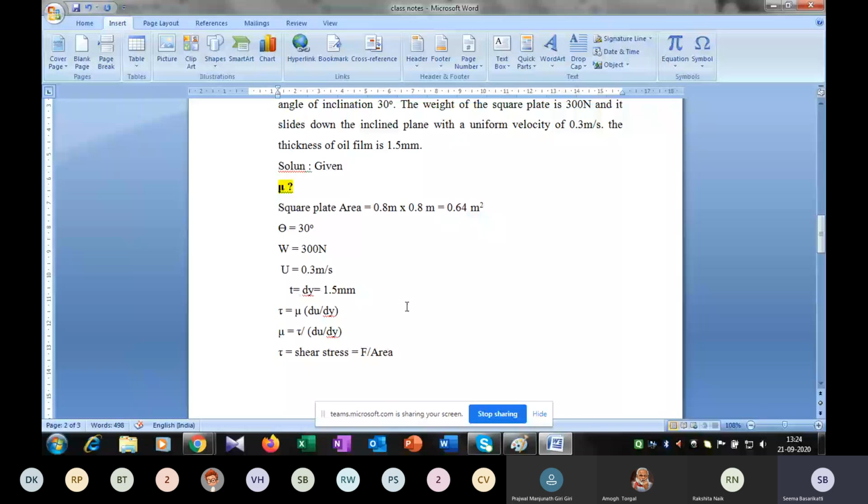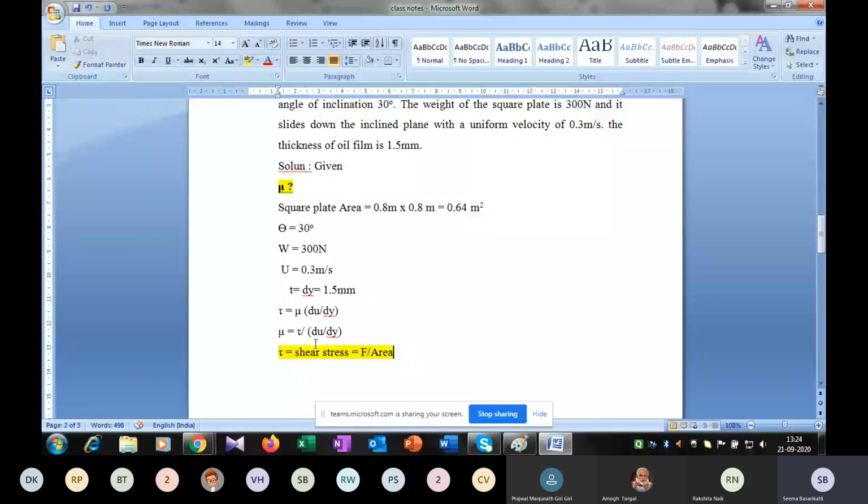Now, first you need to identify tau. Once you identify tau, the value of tau is substituted here. Next, you know the initial velocity. du is initial velocity minus final velocity. There is no final velocity. Final velocity is equal to 0. So therefore, what will be the value of du here?